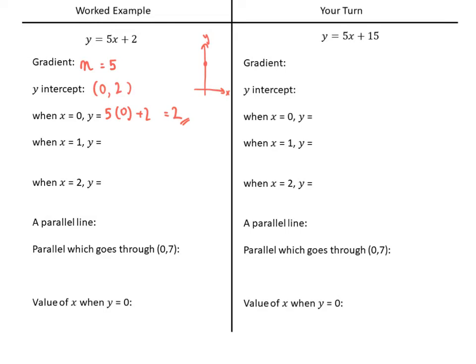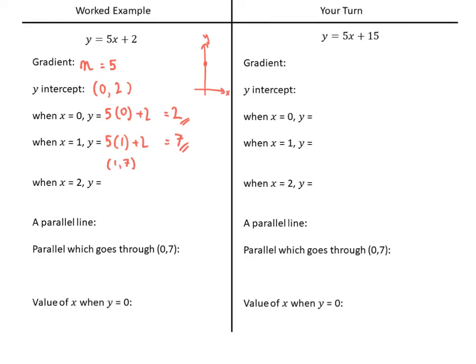Right, the next one. When x is 1, y equals. So again, this is just a case of substituting the 1 in for the x and doing the number work. 5 times 1 is 5, plus 2 will give us 7. So this is another point that is on the line. The point 1, 7 lies on the line.